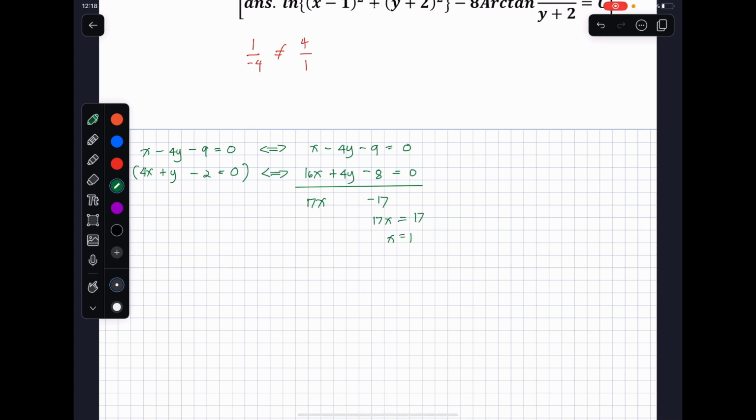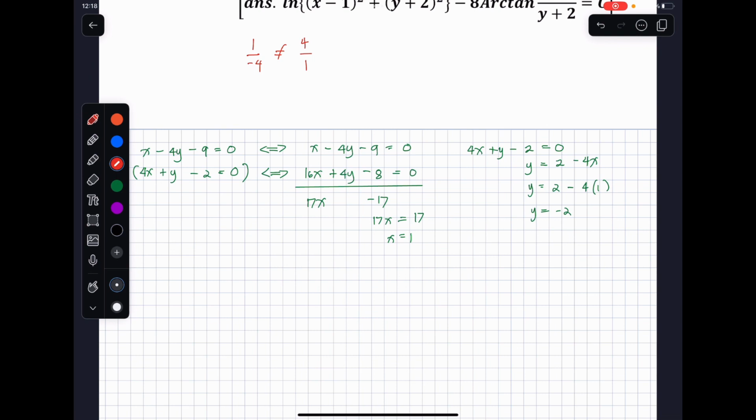So therefore, x is 1. So since x is 1, I'm going to use the second equation, 4x plus y minus 2 is equal to 0. I'm going to get the value of y, so that would become 2 minus 4x. x is 1, so therefore y is 2 minus 4, that is negative 2.